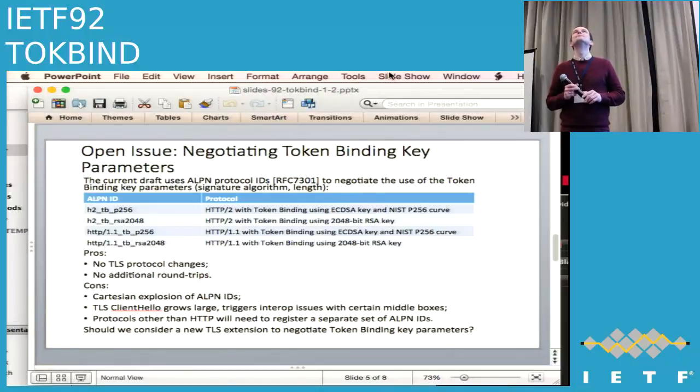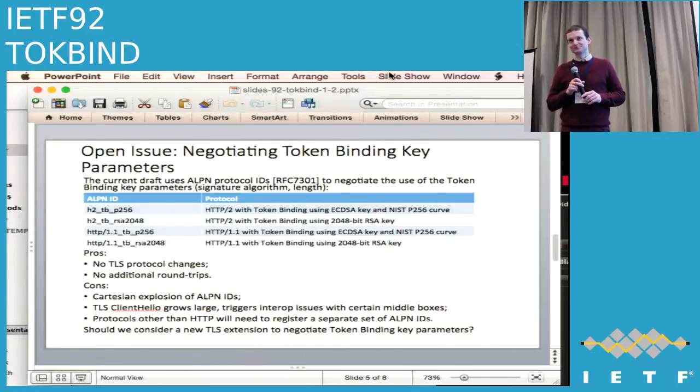And so the issue of indicating what that key is, so you want to avoid the situation where the client suddenly, when it proves the possession of the private key, uses a cryptographic algorithm that the resource server with whom it uses that key doesn't understand it.